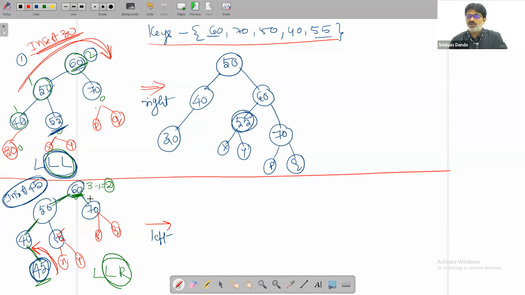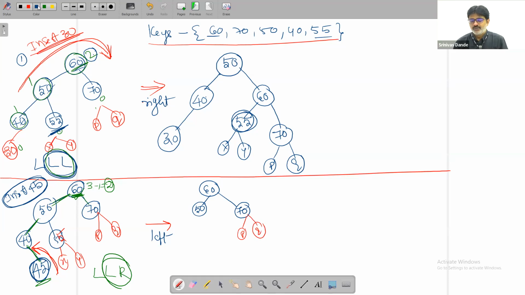So after this, what is the tree, guys? 60 remains there only, which has 50 and 70, also the same. The PQs, if any, will be written later. If you want, you can write them, just to show that you may have other big subtrees, but we won't consider them.